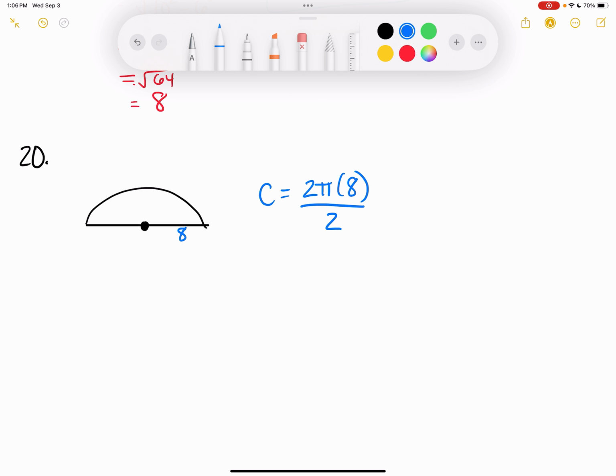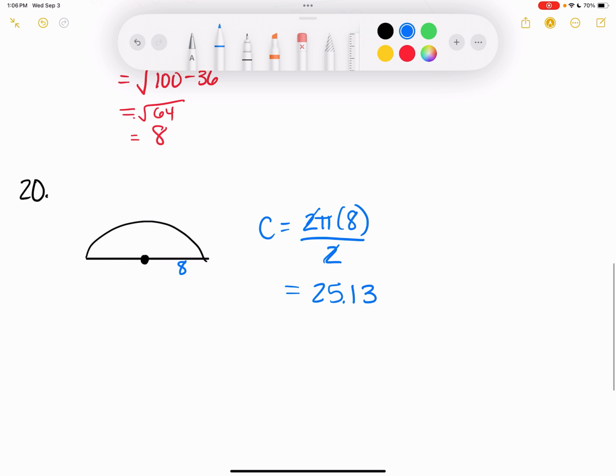So my 2's here are going to cancel, and so then I have 8 times pi, and that's going to be 25.13. So that is this part right here, okay? That's what I've found so far.